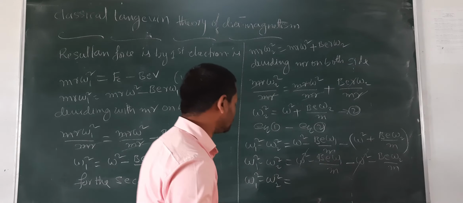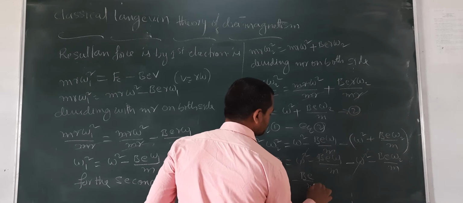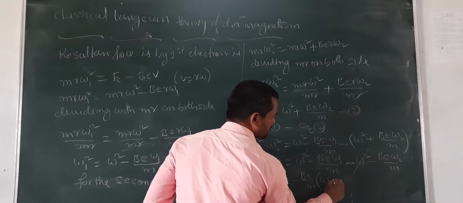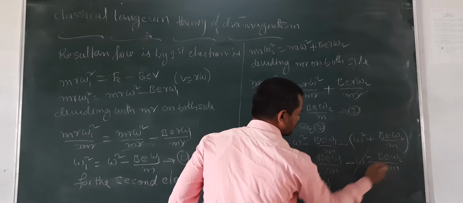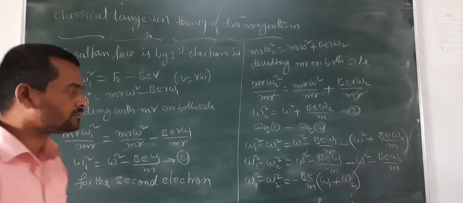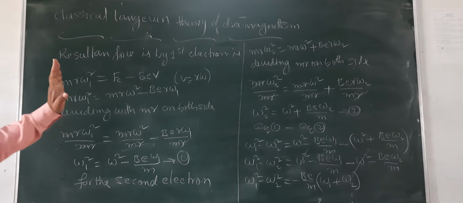Then what we get? Here, taking the minus, omega becomes plus, and here taking the minus, it will also be plus. So this is it. Next, let me please take a screenshot.